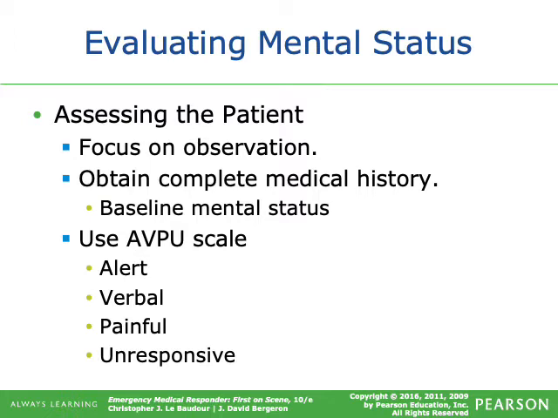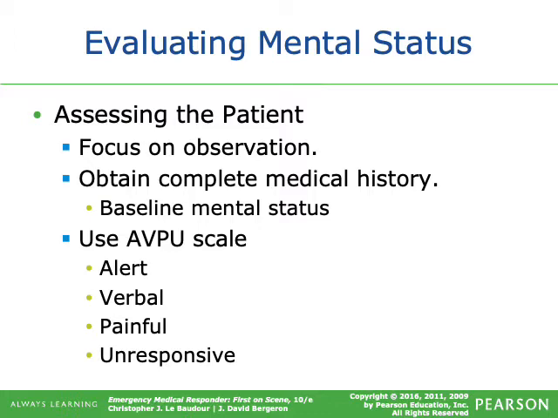Obtain a complete medical history if possible. Get a baseline mental status from other people on the scene if possible. Use the AVPU scale. This is going to determine if they're alert, if they respond to verbal stimuli, if they respond to painful stimuli, or if they're completely unresponsive.